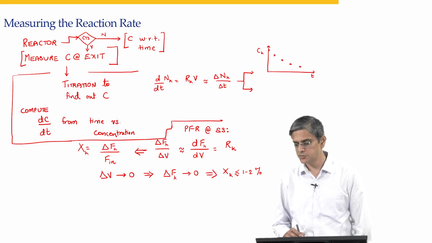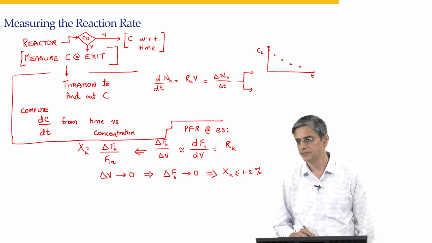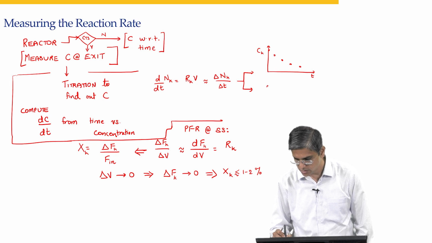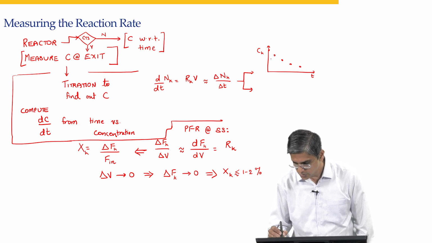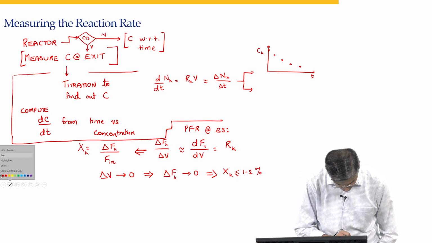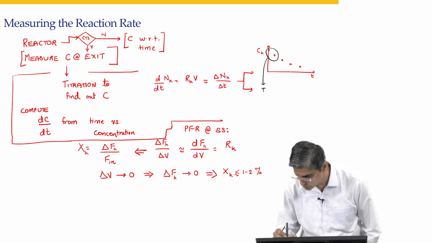Okay. And at each point you can calculate the rate as the slope using numerical differentiation, or you can only look at these points and use initial rate.